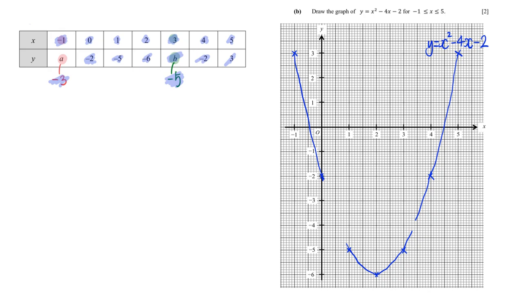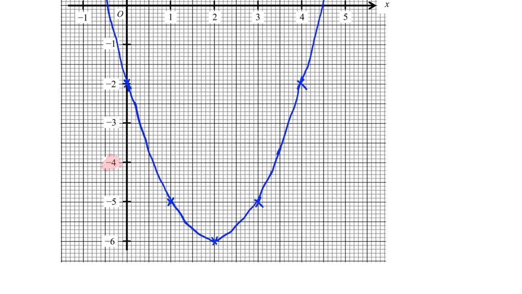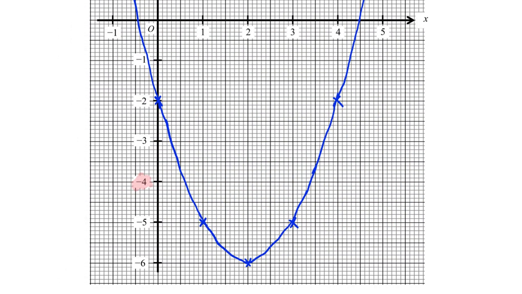Move on to part C, where we will make use of this graph that we have just drawn. Alright? Hello everyone, welcome to this part of the video, now that we are required to use the graph to find the values when y equals -4. I will now zoom in straight to the point where we have y equals -4.